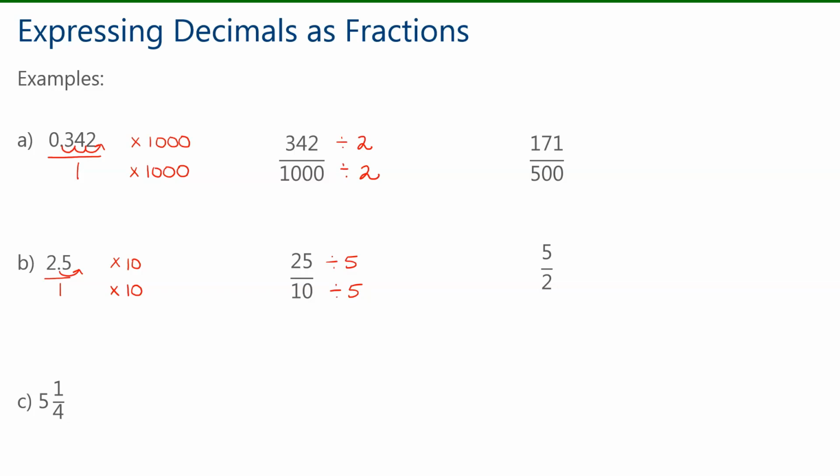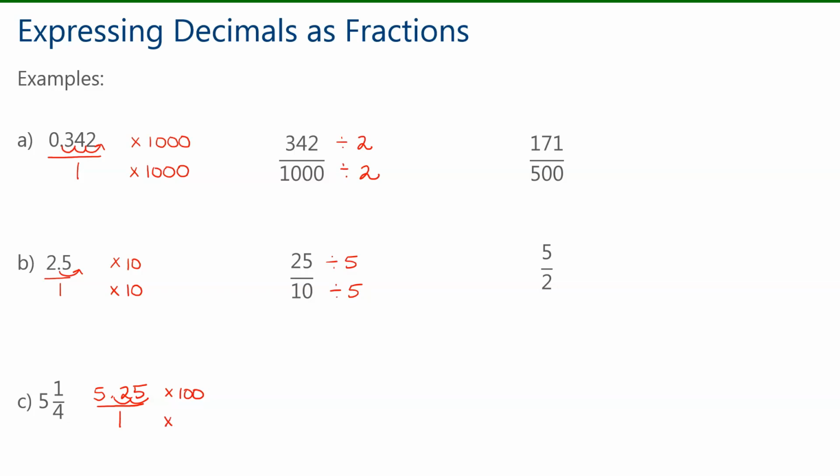5 1/4 is the same as 5.25. I can write that as a fraction by saying 5.25 over 1. However, again, I can't have a decimal within a fraction. So to get rid of that decimal, I must move the decimal 2 places to the right, which is essentially the same as multiplying by 100.